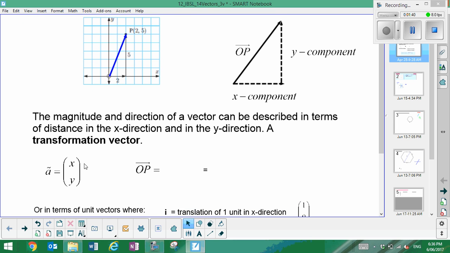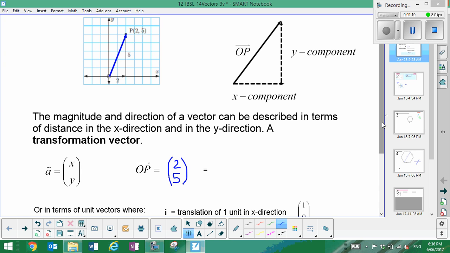The notation that we used before and we're using here again now is these two values, X and Y, written vertically in curved brackets. So OP can be written as moving 2 in the X direction and then 5 in the Y direction. So that's like that transformation vector we looked at before. This vector takes us from this point up to that point.